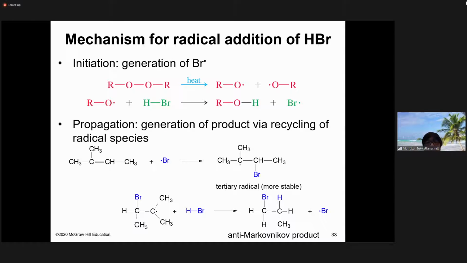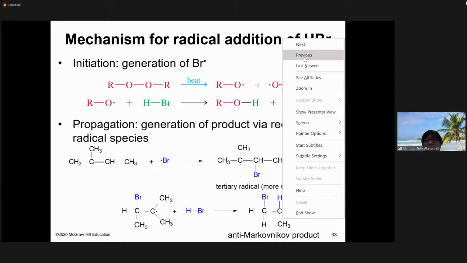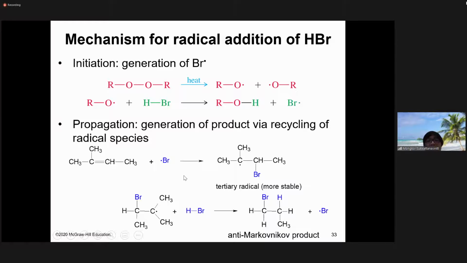Okay. I'm not sure if I can change it. No, I will not mess it up here. You just change this hydrogen to methyl group, this hydrogen to methyl group.